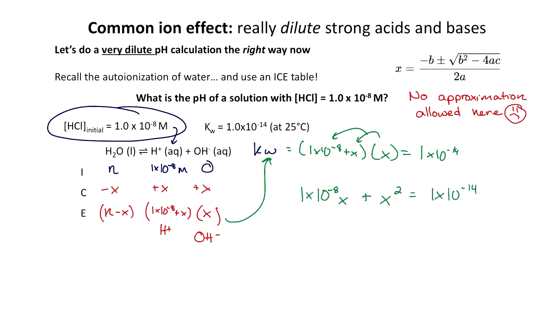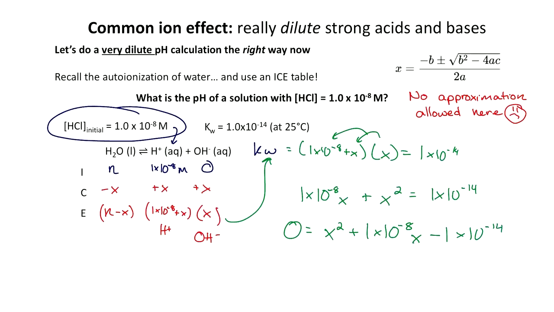Move things around and put it into quadratic formula form. So 0 equals x squared plus 1 times 10 to the negative 8 x minus 1 times 10 to the negative 14. I'm just putting all of the terms on one side, where it's the A, B, and C terms.